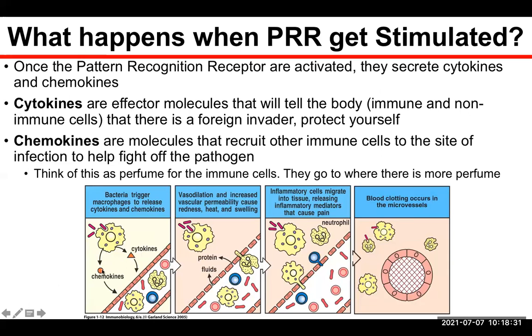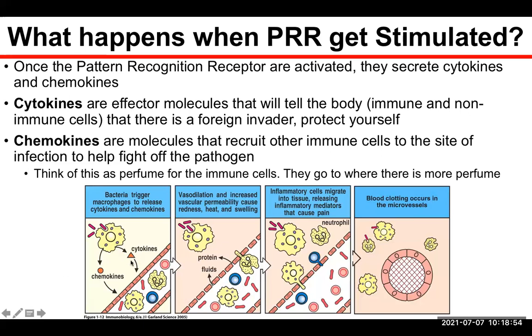It's going to end up secreting chemokines and cytokines. What the chemokines are going to do again is recruit immune cells, like I mentioned before. There are tons of cytokines, and in tomorrow's lecture, I'll probably highlight a couple of really important ones that you should know.